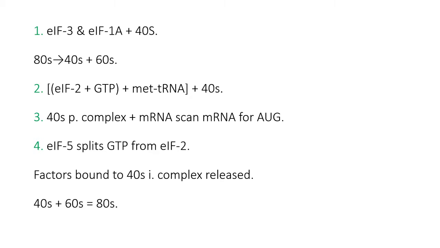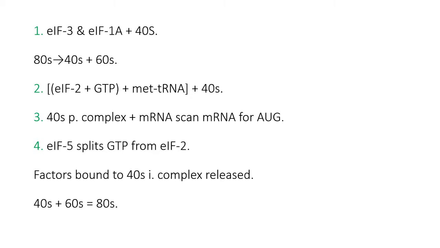Number 3, the 40S pre-initiation complex is bound by the mRNA cap. These together then scan the mRNA for the AUG codon near a Kozak consensus sequence. The eIF4F complex, which controls the rate of translation, consists of eIF4E, eIF4A and P220.